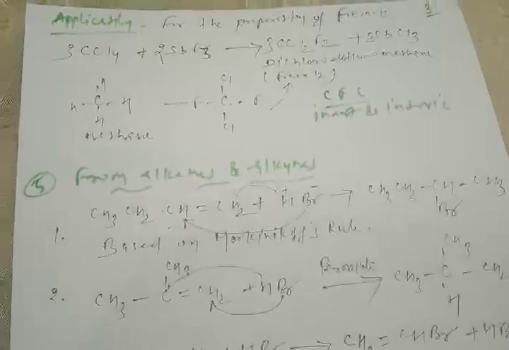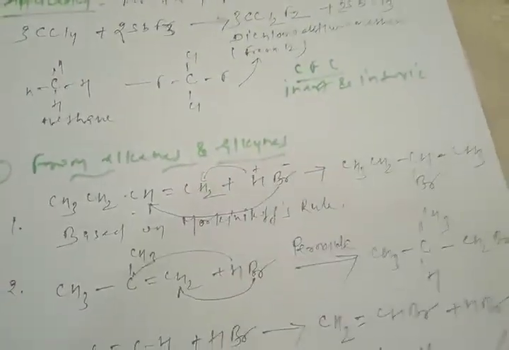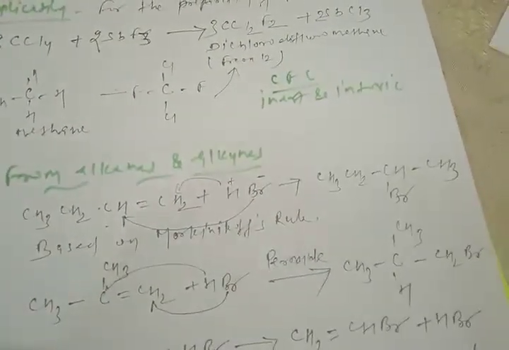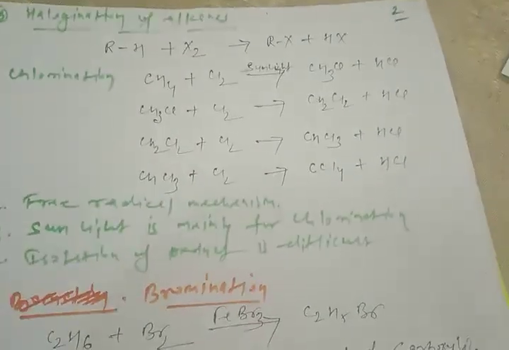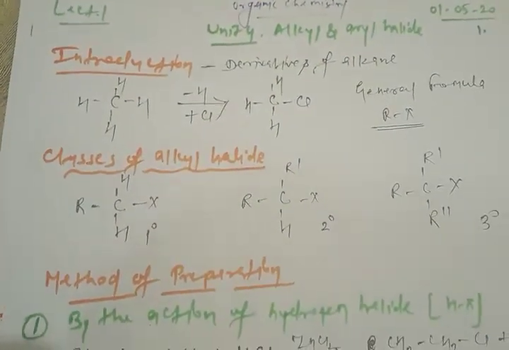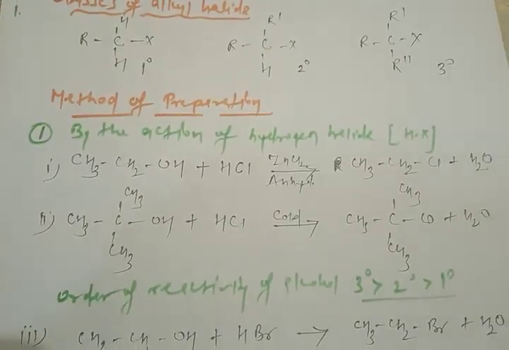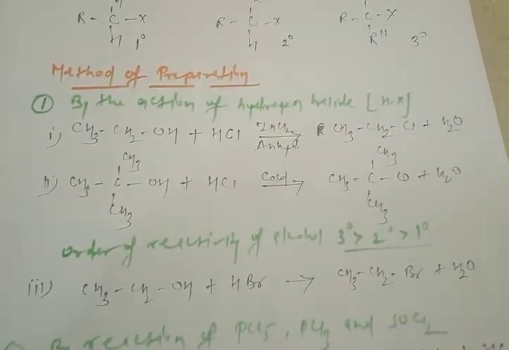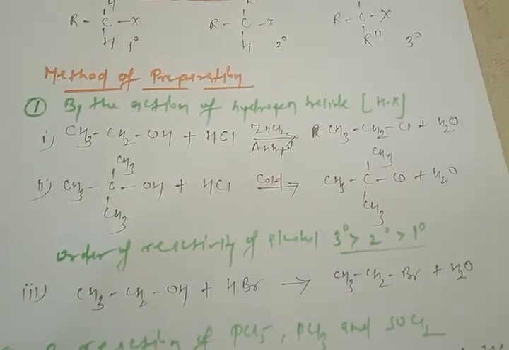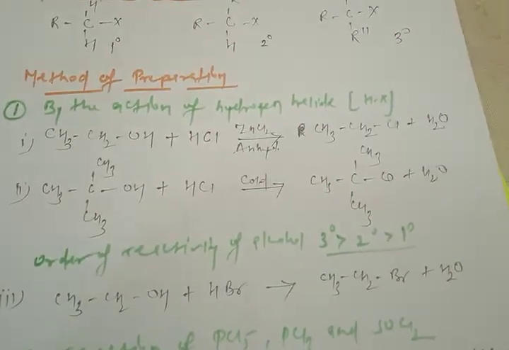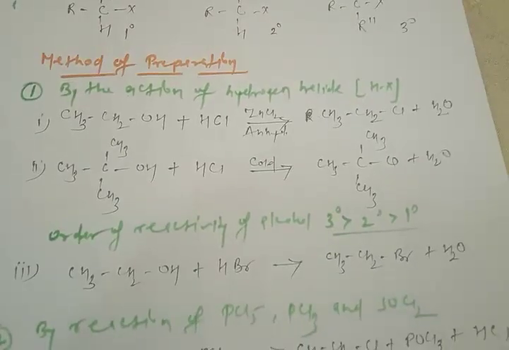So this is all about this lecture. In this lecture we have discussed the introduction of alkyl halide, then classes, and different methods for the preparation, like with hydrogen halide.